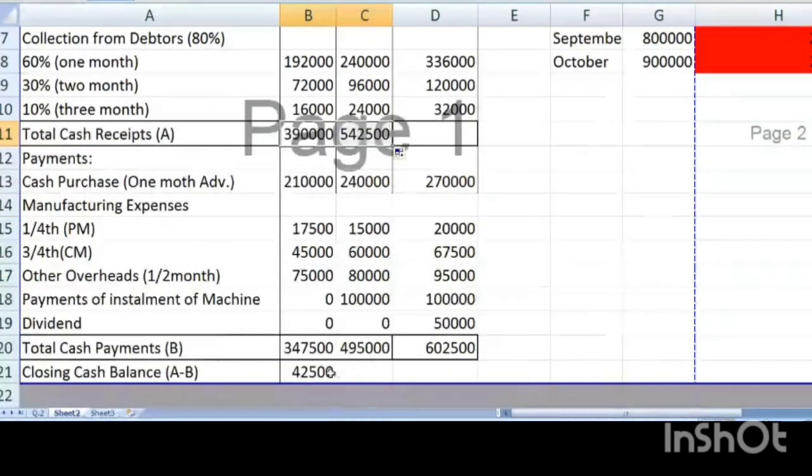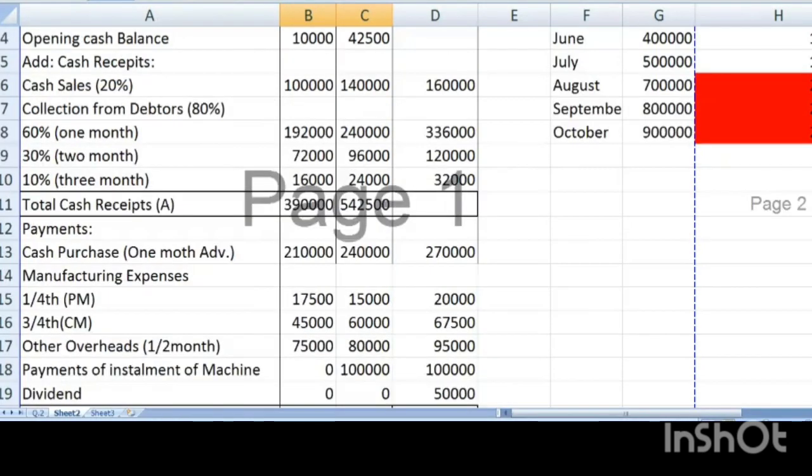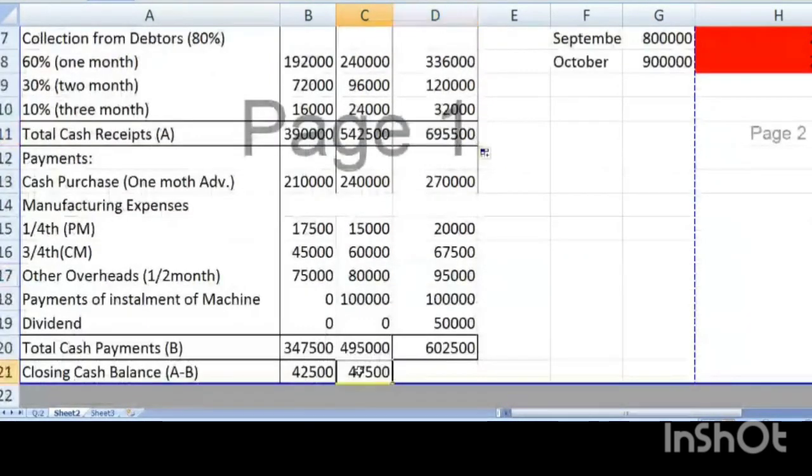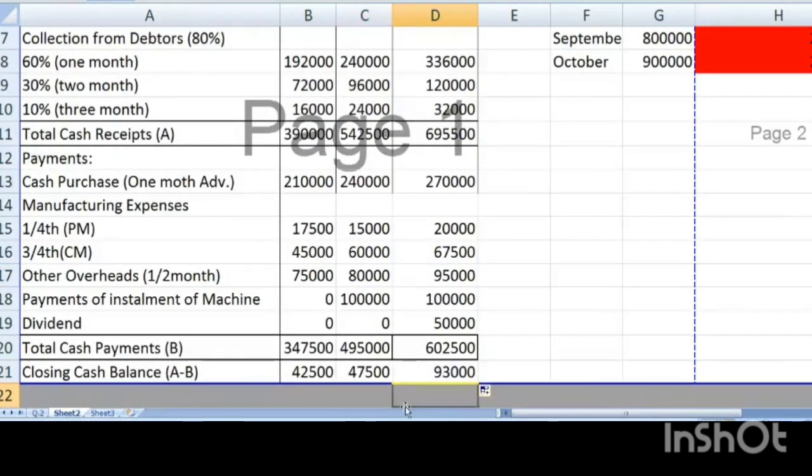Okay. And here the answer is 47,500. Am I correct? Okay. Now this 47,500 transfer upper side. Now make the total. And the total is 6,95,500. Okay. Now the next is your answer is 93,000. Final answer.